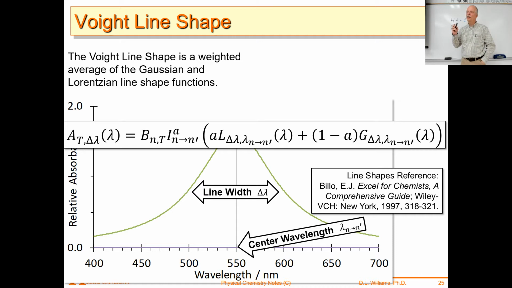Now, why on earth would we be that specific as to mix in 20% of a Lorentzian? One way to measure where the center wavelength is would be to just pick the maximum of the peak. But what if there's a little bit of noise up there and you end up picking the wrong data point, one that's not the maximum but is actually higher just because of noise? You're basing your whole analysis on one data point. But in your spectrometer, look how many data points you have.